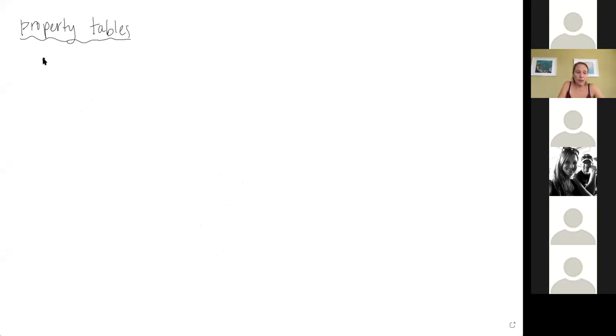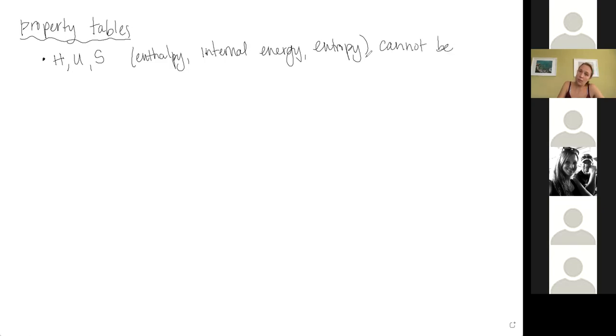And we use property tables because enthalpy, internal energy, and entropy, which is this S term, cannot be measured directly, like temperature, pressure, or volume.